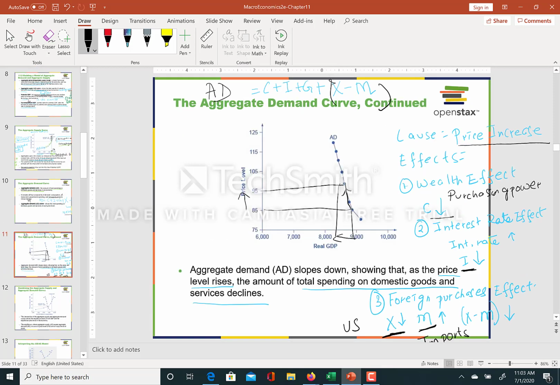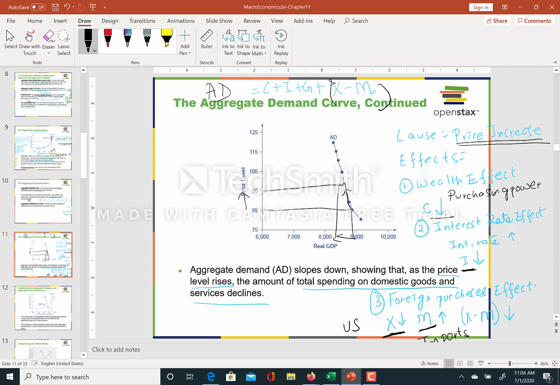Look at the shape of the aggregate demand curve. The aggregate demand slopes down. And I will look at 3 causes why the aggregate demand slopes down. Or rather, I'm going to look at 3 effects. What happens when price goes up? When price goes up, consumption will go down because the purchasing power goes down.